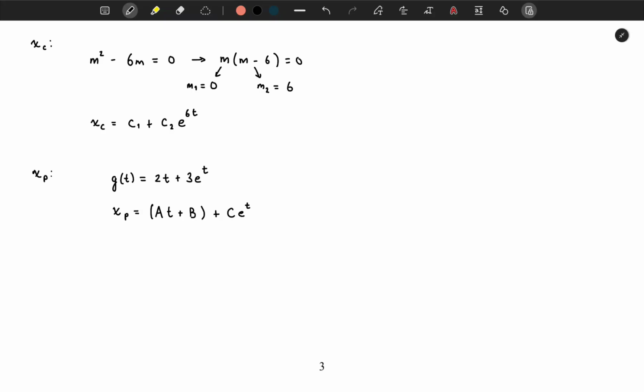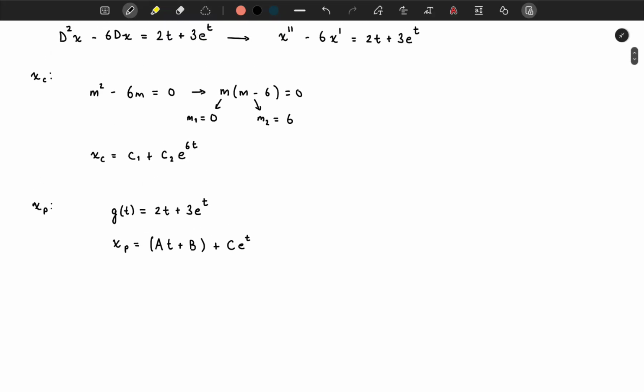Now we have to check that our complementary solution and our xp do not have any of the same terms. From what it seems right now, there is a same term, being the b and the c1. These are essentially the same thing, just a constant by itself.